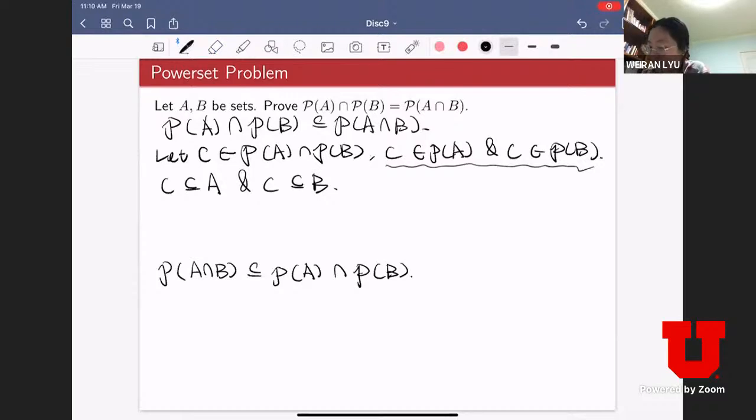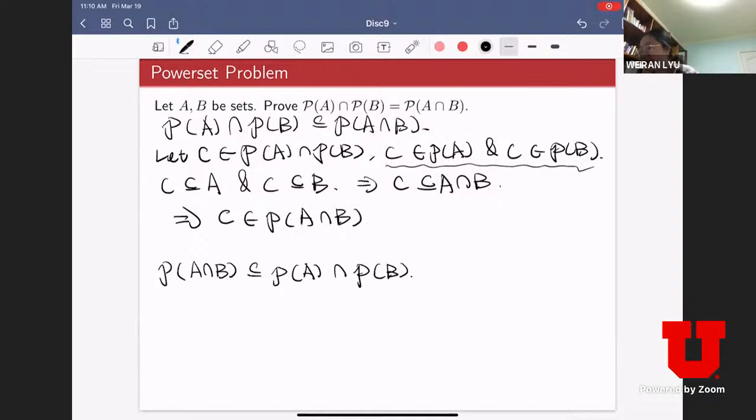So this gives us that C is a subset of A intersect B. So C is an element of the power set of A intersect B. All right, and this is the first part.